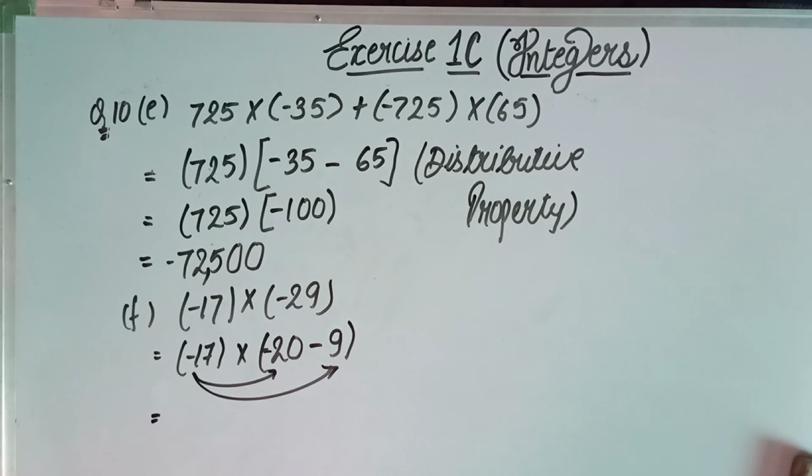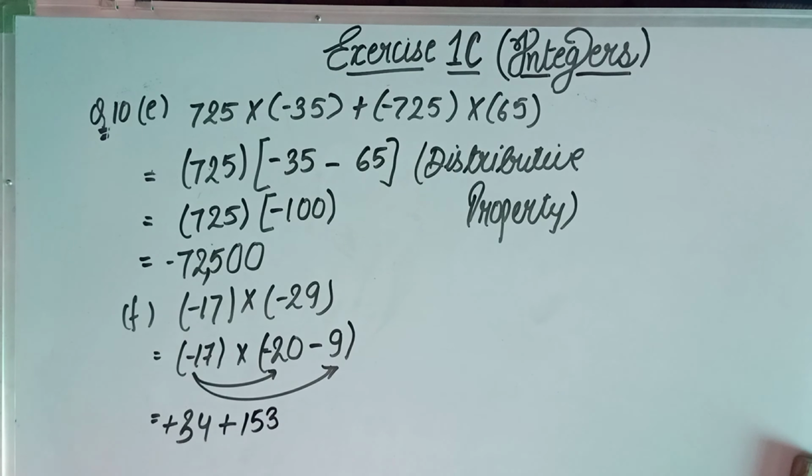So now 17 2s, here we will get 34. Now minus minus is plus. Now we need to just multiply, whereas minus minus is plus. So 17 into 9 will give you 153.